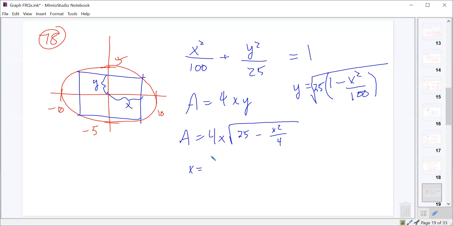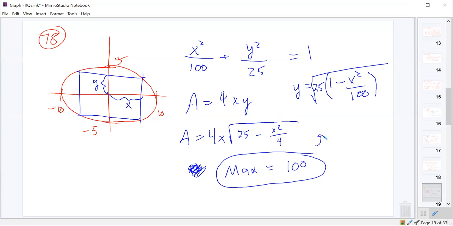But that's fine. So you would graph this function, which represents the area, and the max would just be whatever the y value is when you plug this in. And so the max looks like it comes out to be 100. So you just graph this function. You might have to deal with your window settings.